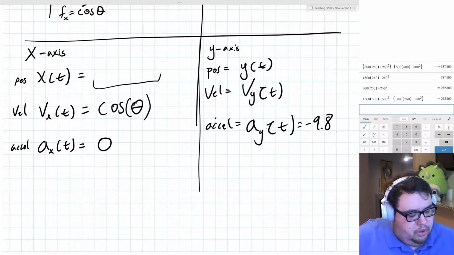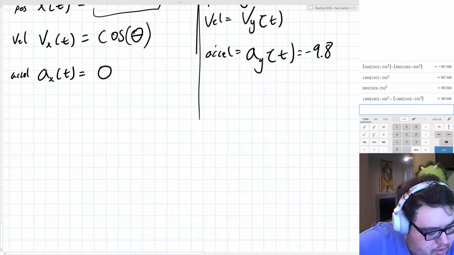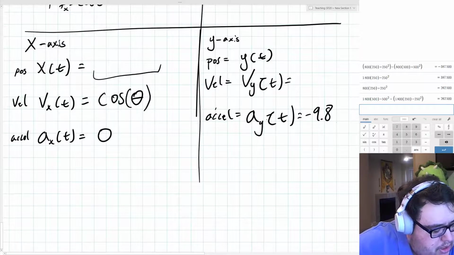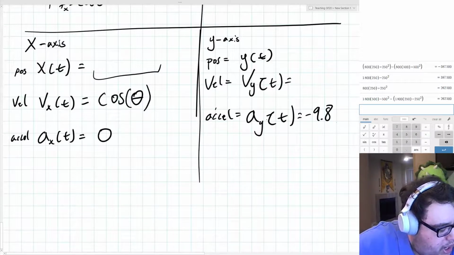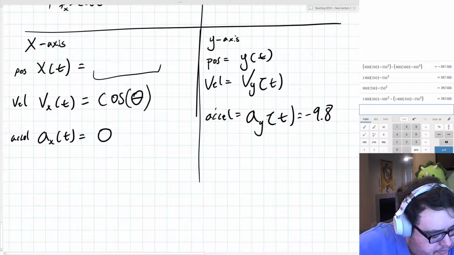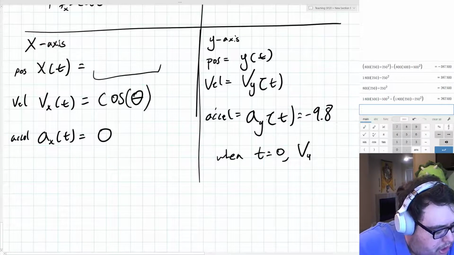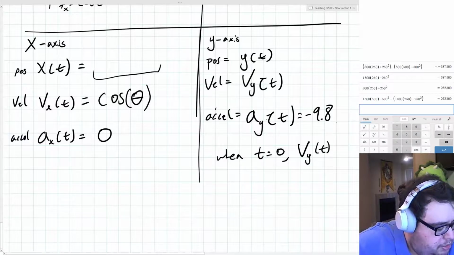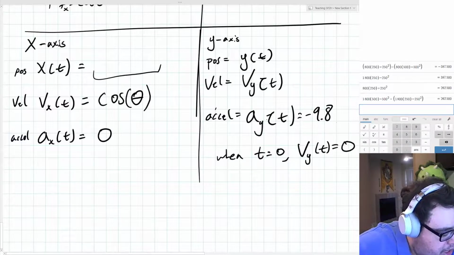We do know, however, that when t is equal to 0, v sub y of t is going to be sine of theta.